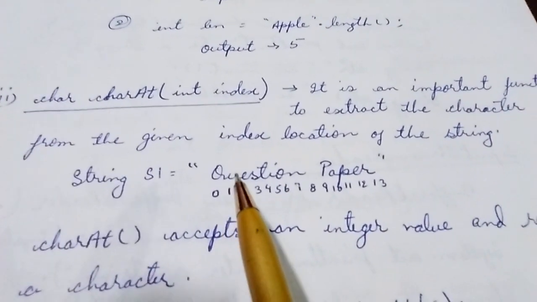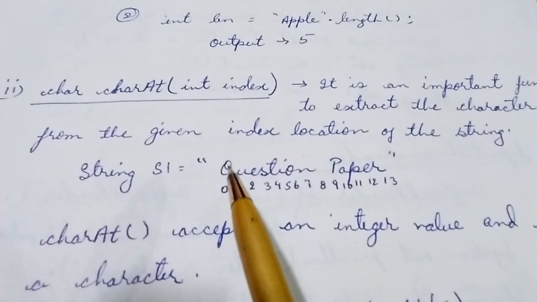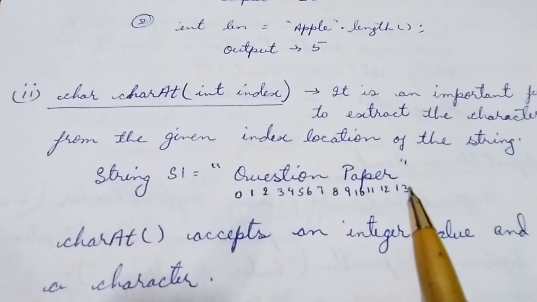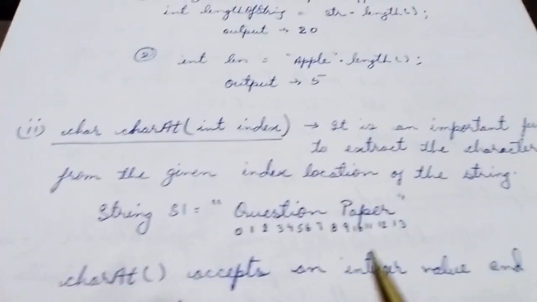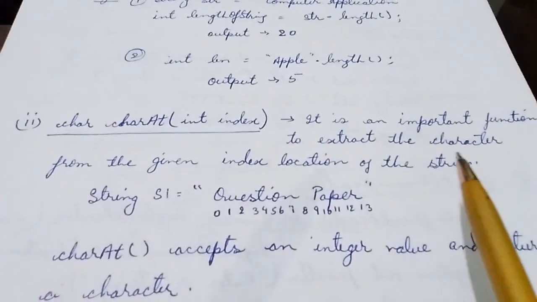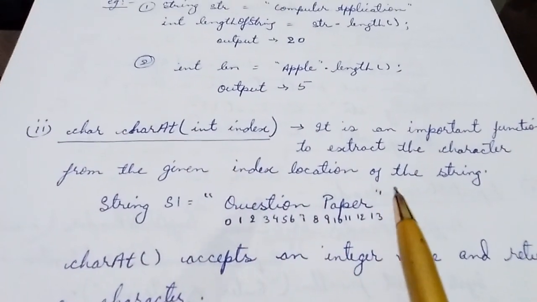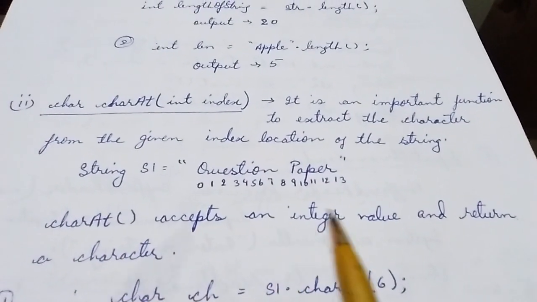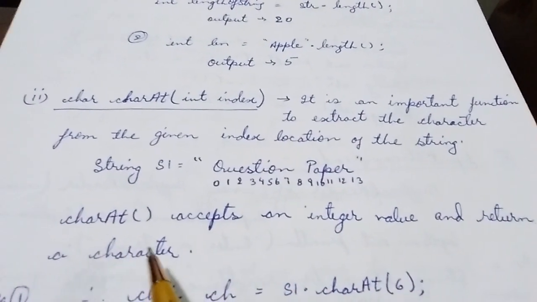But regarding the index, it starts with 0 and the last index location is always length minus 1. So it is an important function to extract the characters from the given index location of the string. charAt accepts an integer value and returns a character.